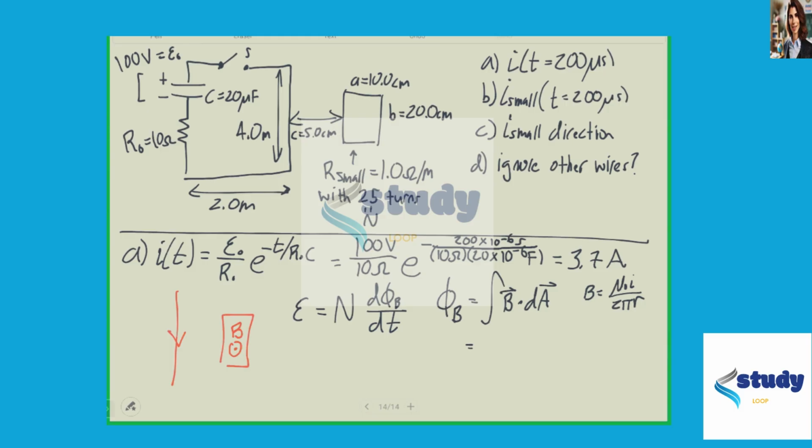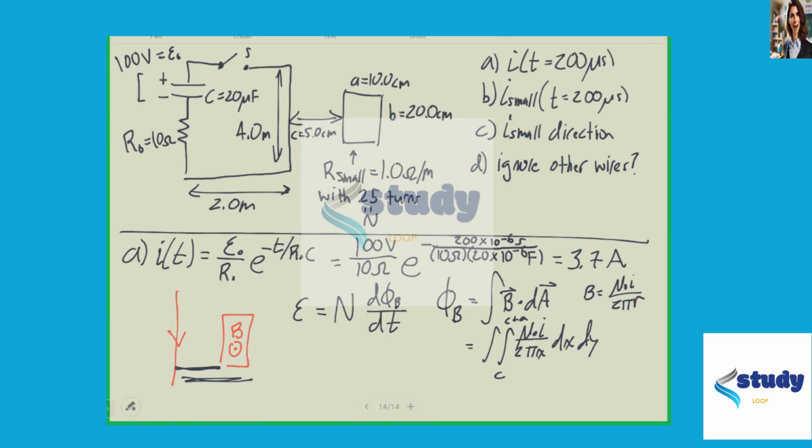And the area is the area of this square. So you're actually going to have a double integral, right? Because it's mu naught I over 2 pi x dx dy. So x is from here to here. So x should go from C to C plus A.